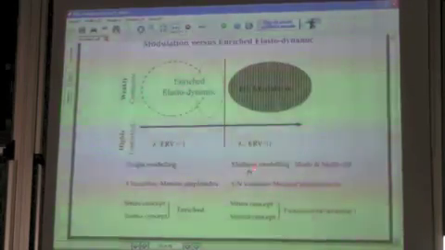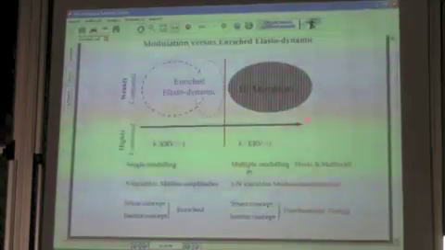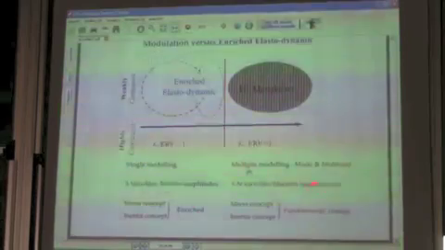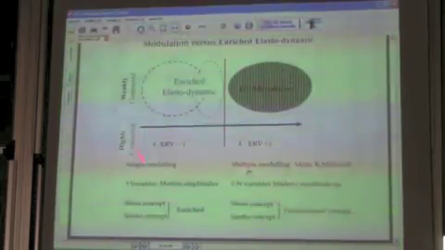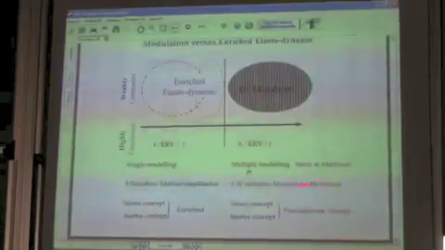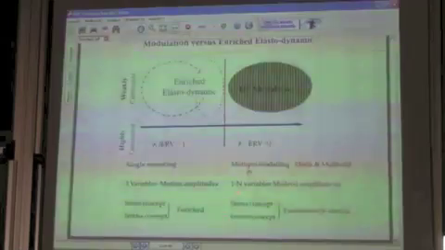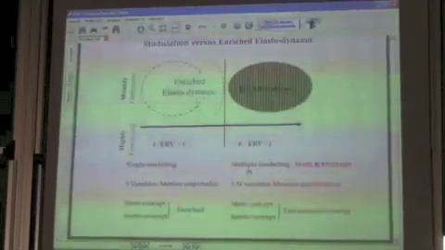Here we see that we have multiple modeling, since every mode gives a specific equation for modulation. The second point is that previously we had three variables, that was the motion amplitude. Here we have as many variables as the multiplicity of the mode.